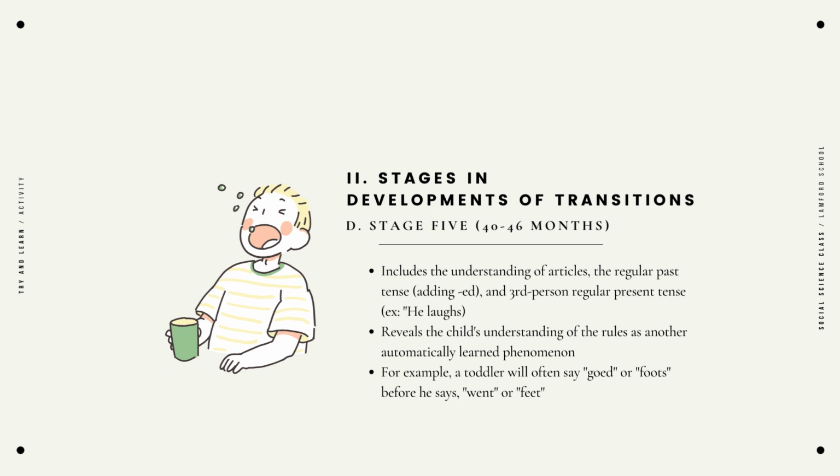He laughs, they cried, things like that. This reveals the child's understanding of the rules as another automatically learned phenomenon. For example, a toddler will often say "goed" or "foots" before he says "went" or "feet." So now they're experimenting and steadily improving their grammar.